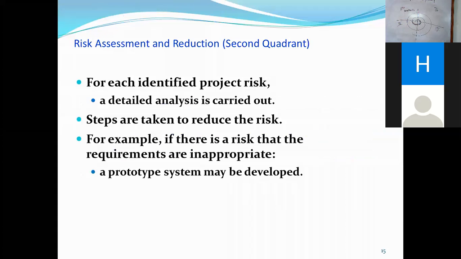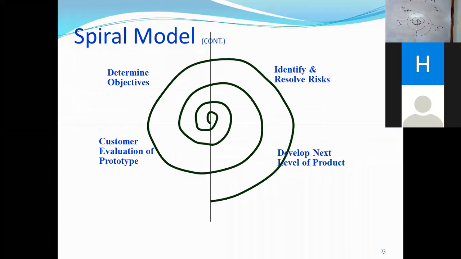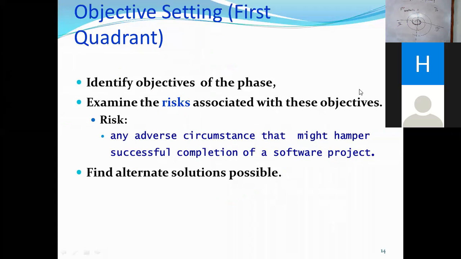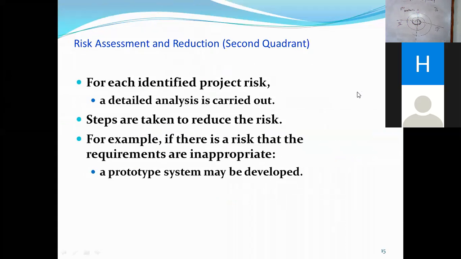Now the second quadrant. In the diagram you can see: identify and resolve risk. The risks we have examined, we need to identify and resolve those risks. So the second quadrant is risk assessment.